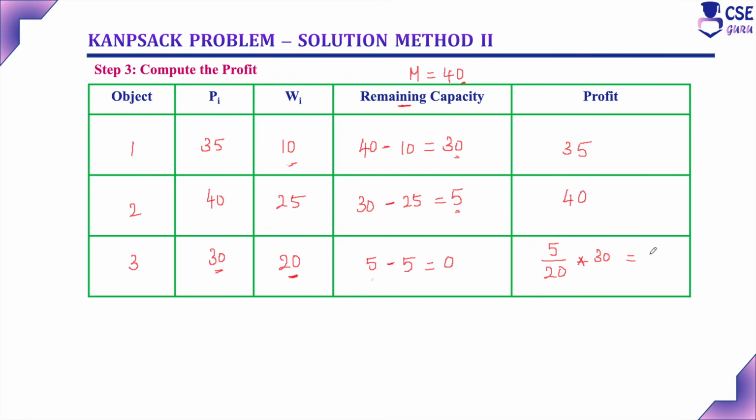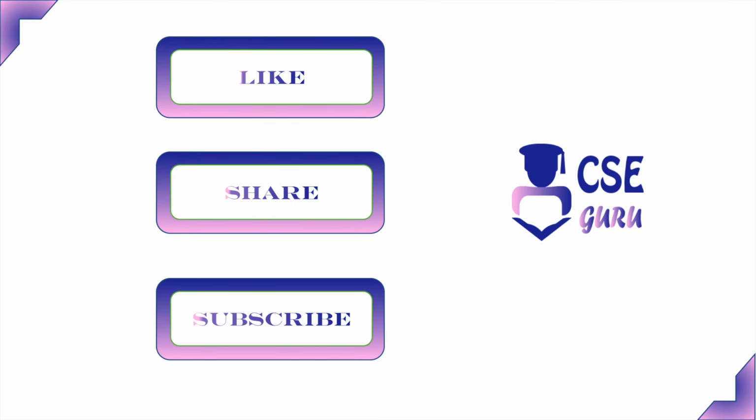So we will get 7.5. Now adding the total profit, we get 82.5. So this is the total profit we will earn with these 3 objects. Thank you for watching this video.